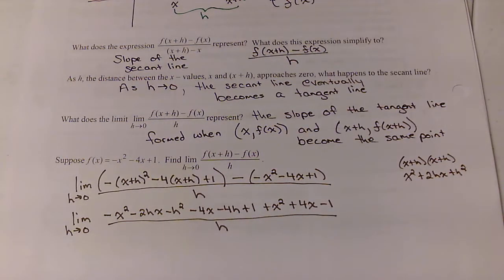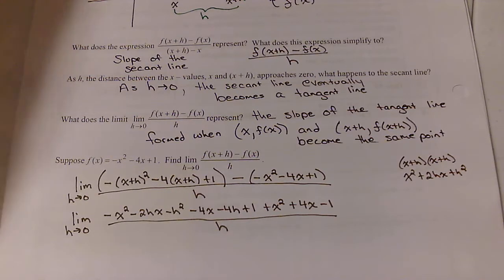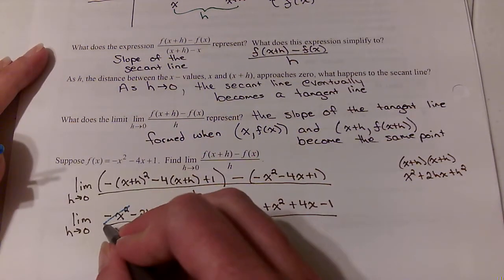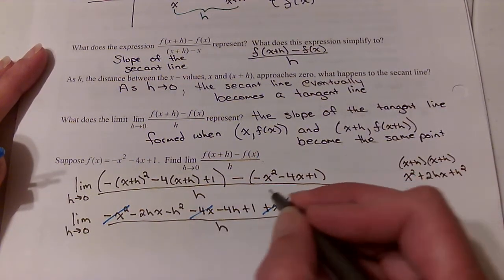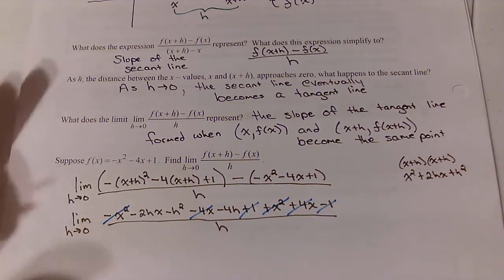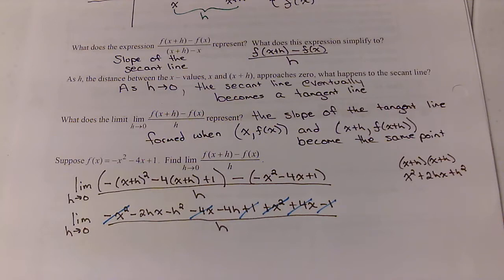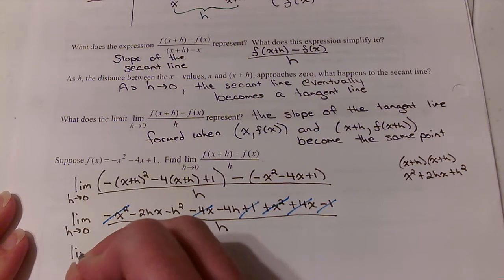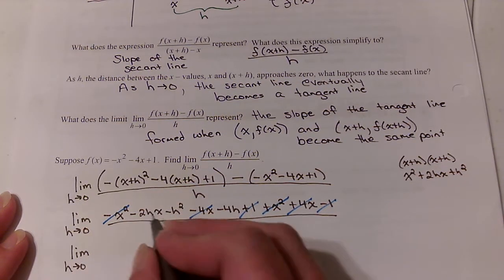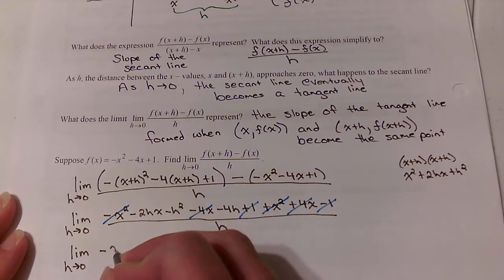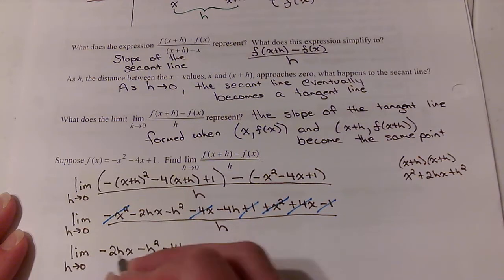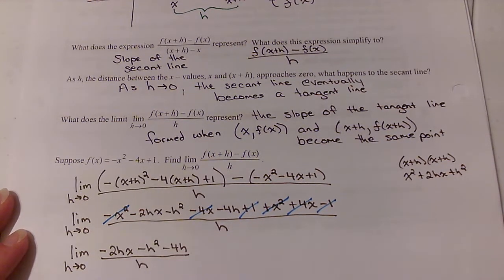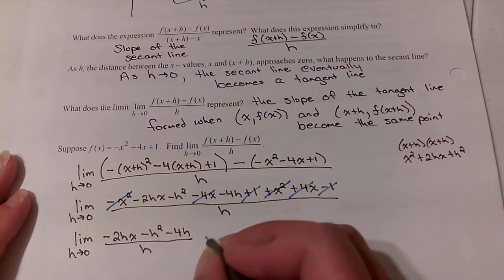Now let's see if we can do any nice algebra. Ooh, I see some nice stuff. Negative x squared plus x squared. Negative 4x plus 4x. Plus 1 minus 1. Nice. So what am I left with? I've got negative 2hx minus h squared minus 4h all over h. All of those have an h in them, so I can divide each term by h.